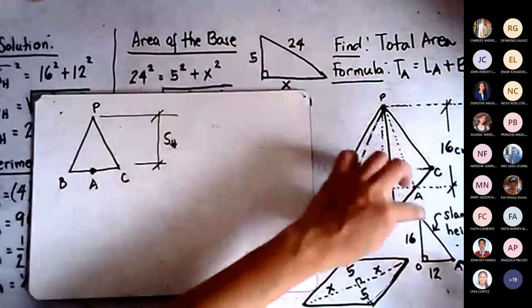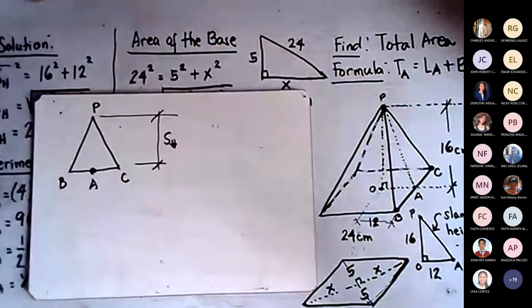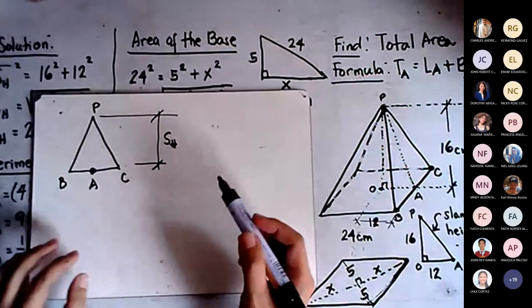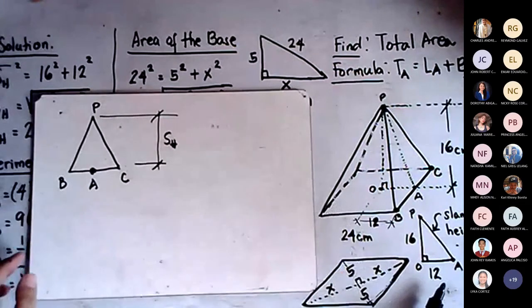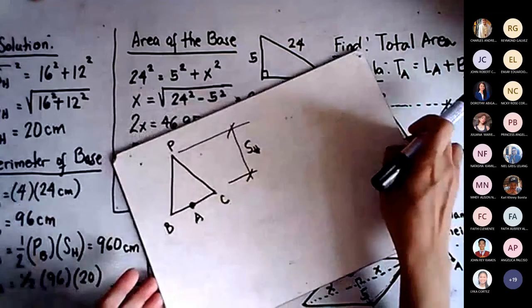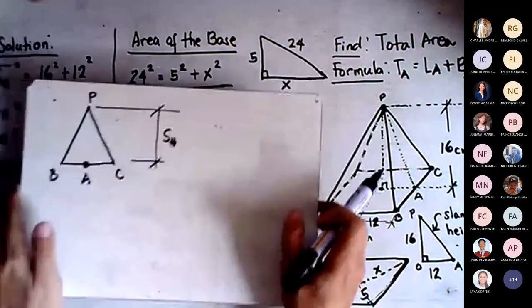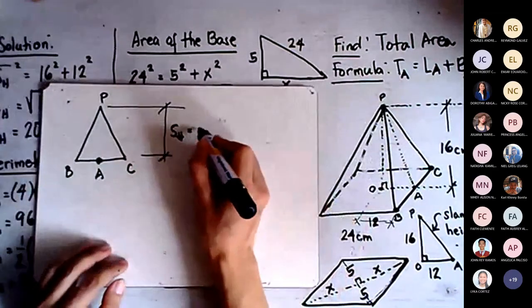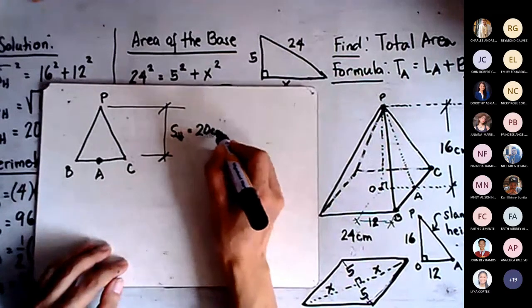According to our computation, the value of the slant height is 20 centimeter.